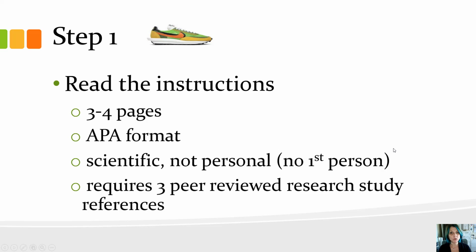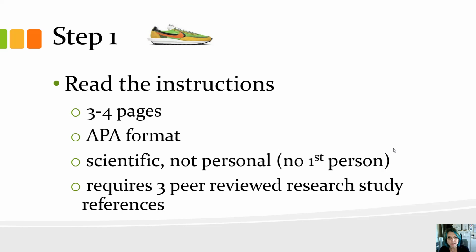But again, I repeat, you have to use 3 peer-reviewed research articles that you will find from the library or Google Scholar. What you need to do, step 1, read the instructions.